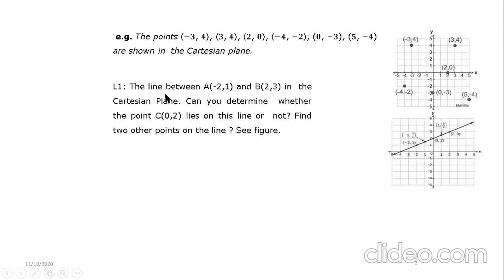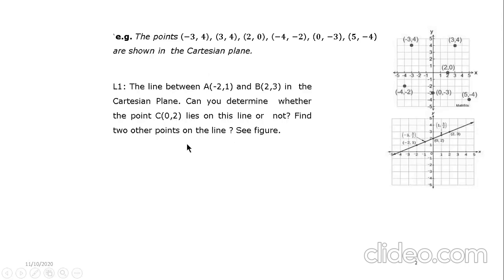The line between A and B, where A is negative 2 and 1, B is 2 and 3, in the Cartesian plane, you connect the two points A and B. So you get a line between A and B. Can you determine whether the point C, 0 and 2 lies on this line or not?